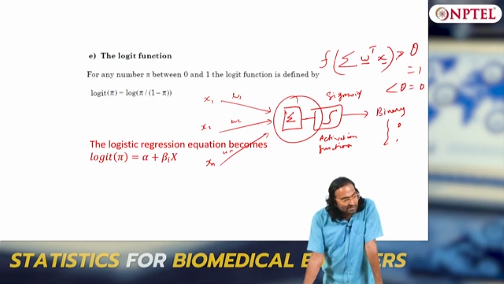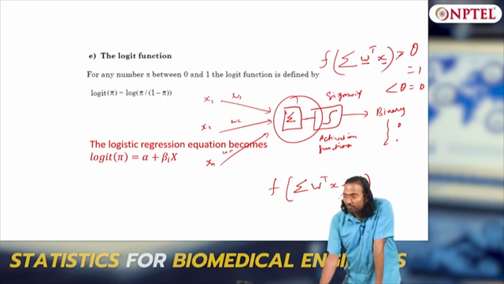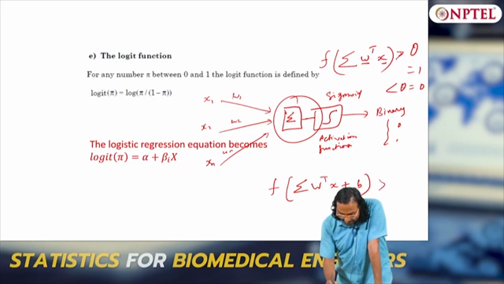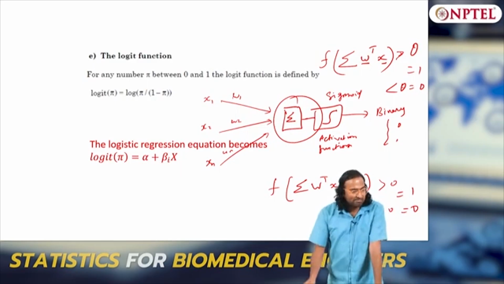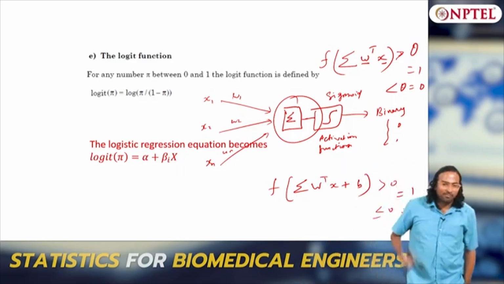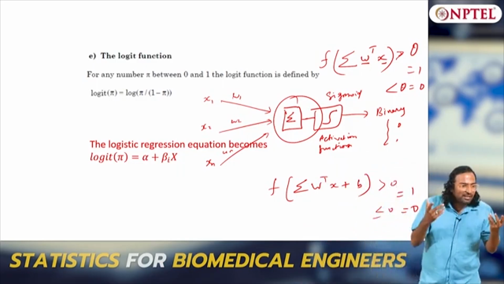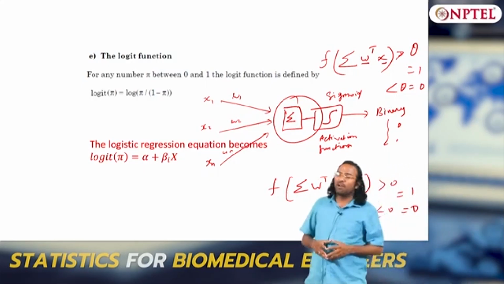Instead, this threshold is added as a bias today, okay. So if it is greater than 0 then it is equal to 1, otherwise it is less than or equal to 0, it is equal to 0. I can add a bias term, and the bias in your neural networks or neurons is like your previous experiences, right. So this is a mathematical model of a neuron.